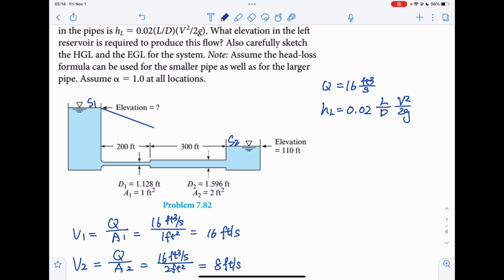And because this pipe has a smaller diameter, the slope of the energy grade line will be larger, and because the expansion also loses some energy here, we'll then go to the next part. And for the second part, the energy grade line will have a smaller slope because it has a larger pipe diameter.